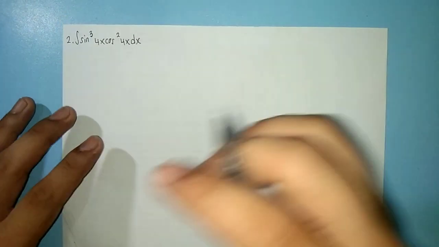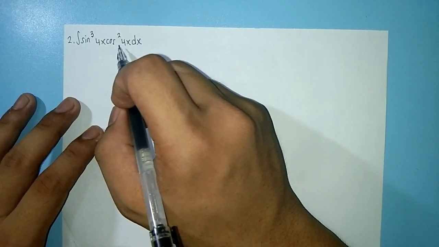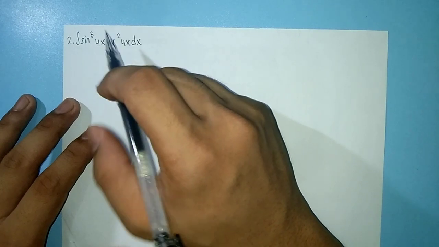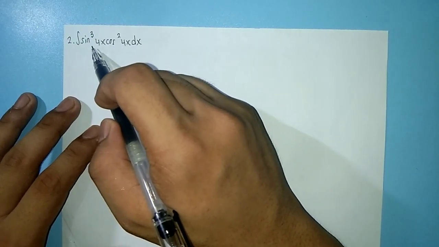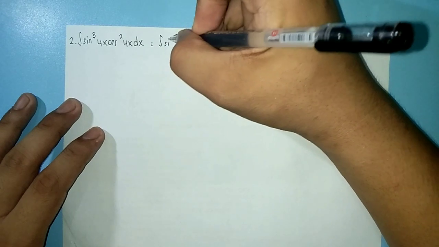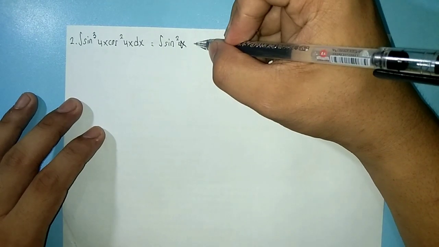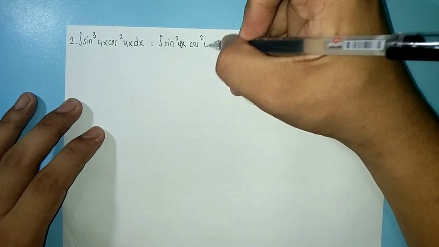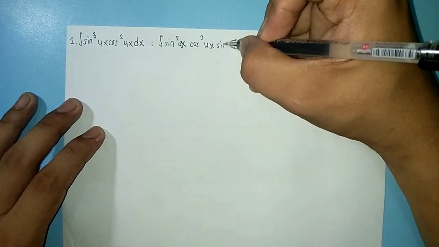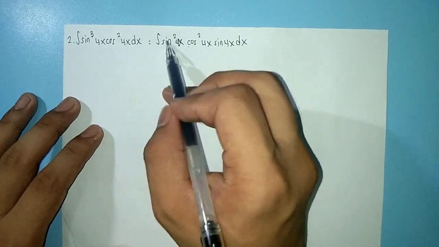For number 2, let's try the integral of cube of sine 4x square of cosine 4x dx. So dito ang odd naman ay yung sa part ng sine. So ilalabas natin yung sa part ng sine, magiging square of sine 4x tapos square of cosine 4x, then sine 4x dx. Tapos ito naman yung papalitan natin.